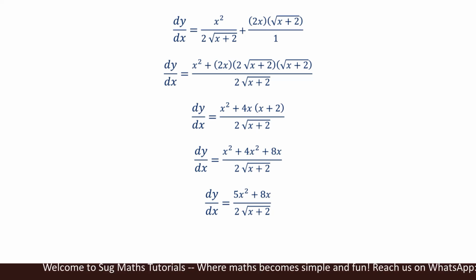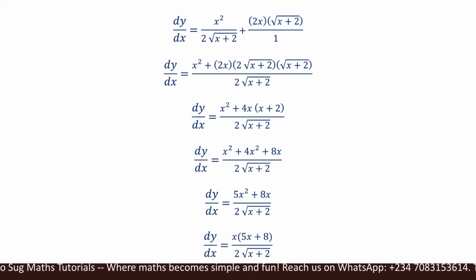So in this numerator we have x in common, right? Let's factor out x. So when we factor out x, we are going to have that dy/dx is equal to x open bracket 5x plus 8 all over 2 square root of x plus 2.